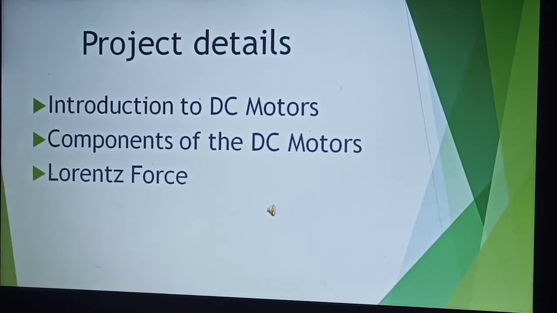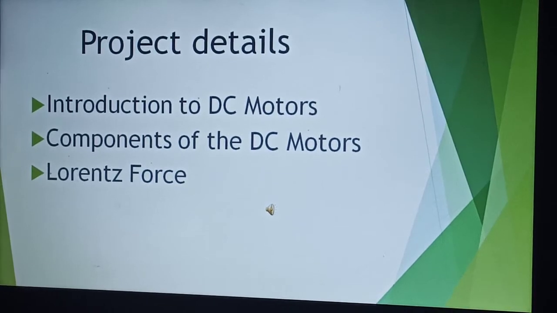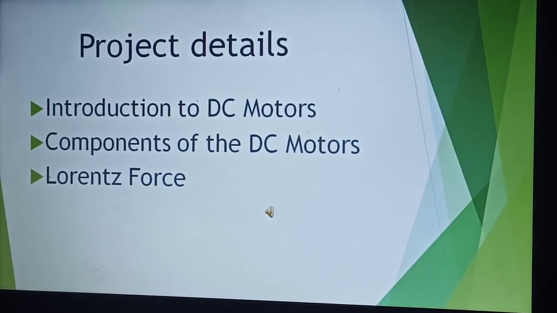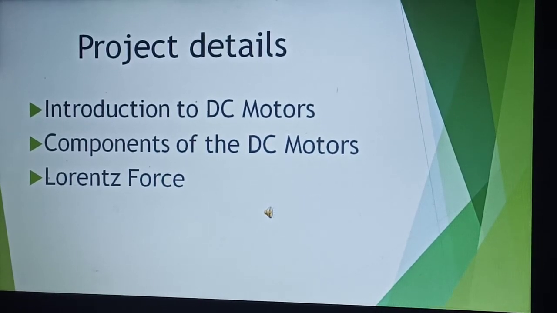Due to that rotation, it produces mechanical energy, so electrical energy is converted into mechanical energy.